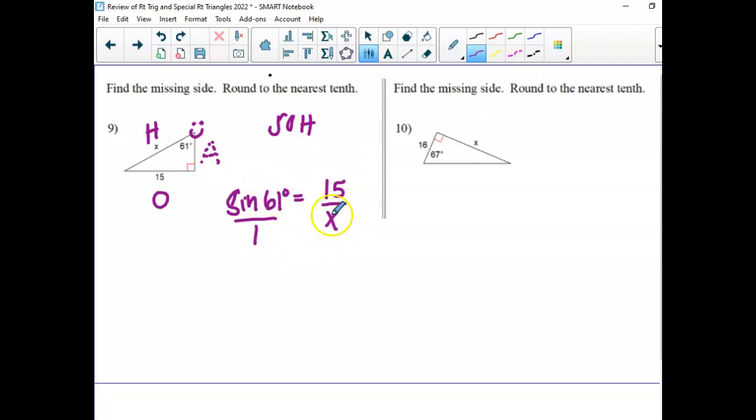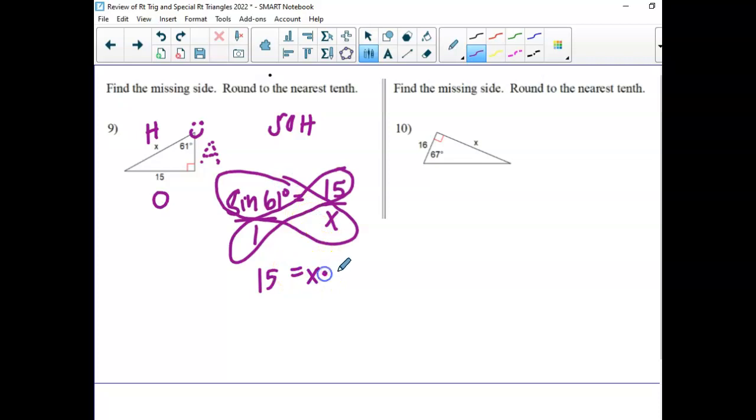Since the x is down on the bottom, I'm actually going to go 15 times 1 is 15, right? And then since it's equal to, and you could write this out if you need to, the sine of 61, I'm actually going to end up dividing. I usually don't write that step out. I just type 15 divided by the sine of 61.